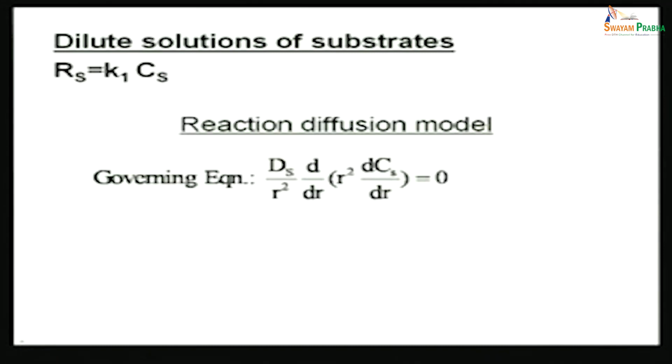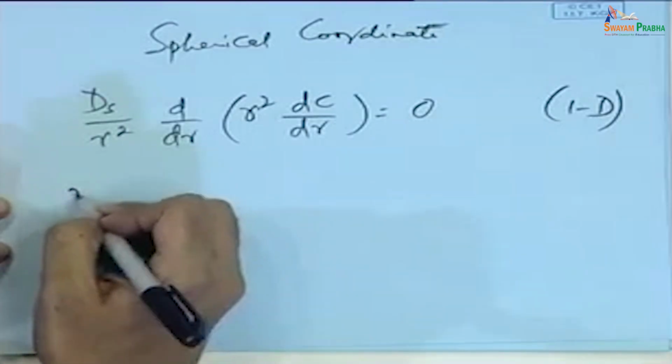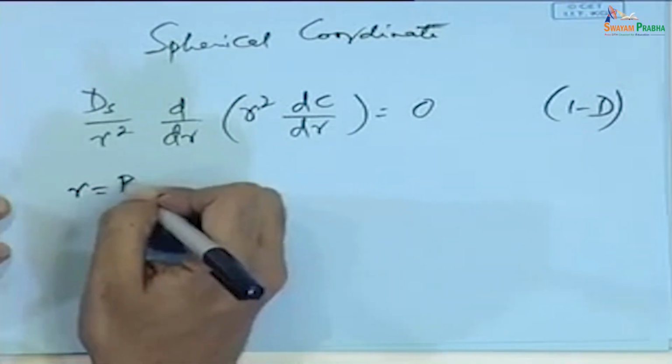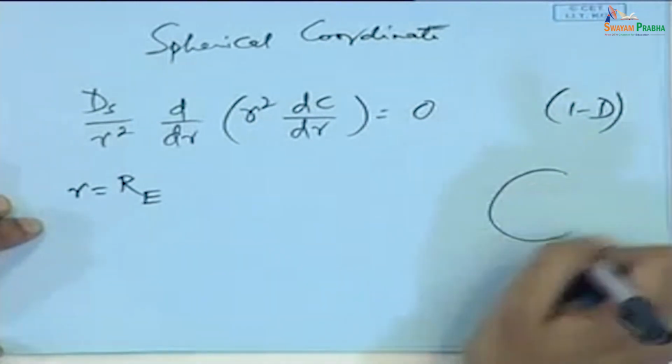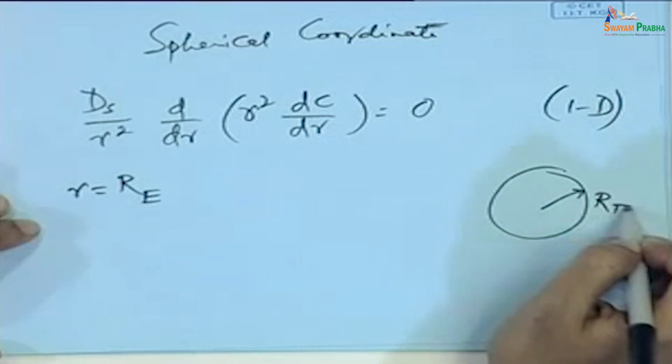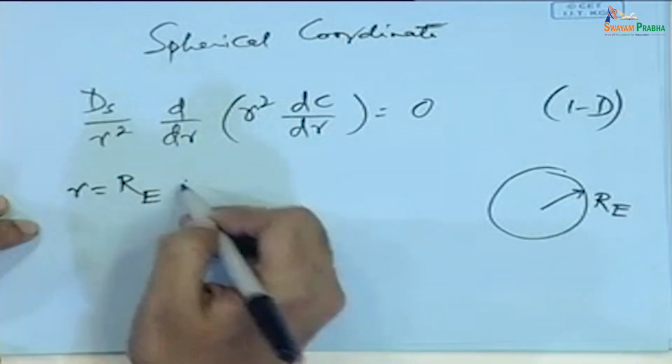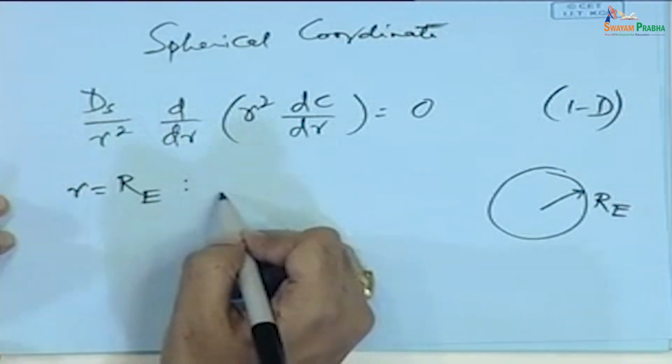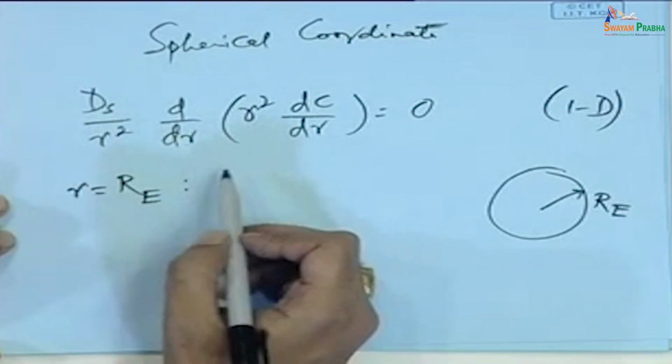As we discussed, one of the boundary conditions is that the reaction is occurring on the surface. So, R equals R_e. This is my boundary. Just tell me conceptually, maybe we will write it a little later.